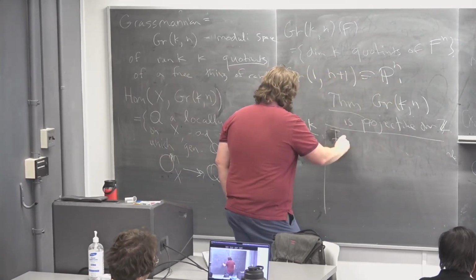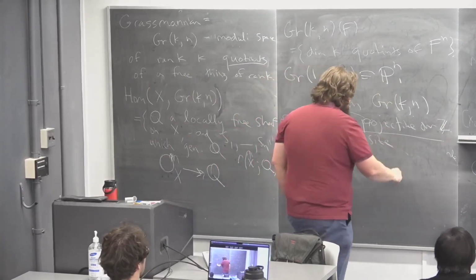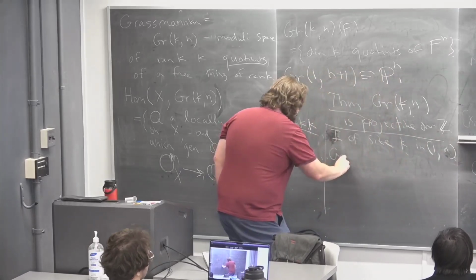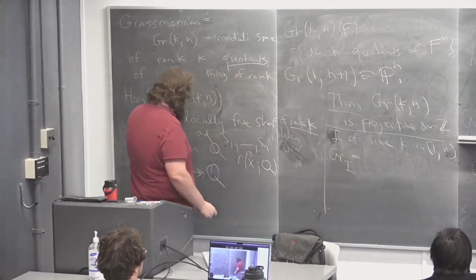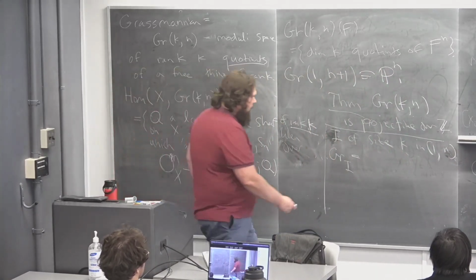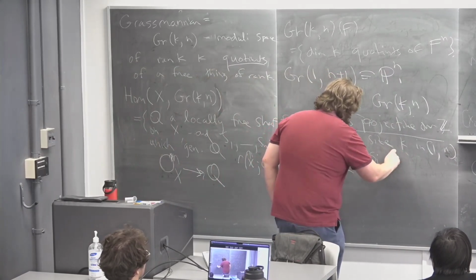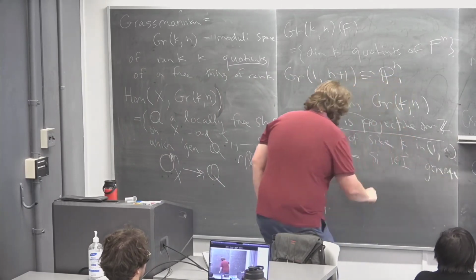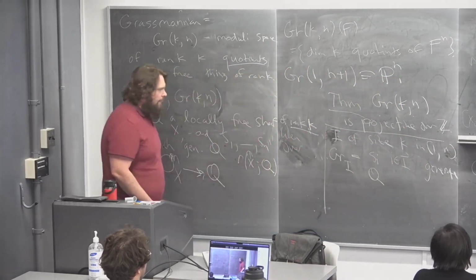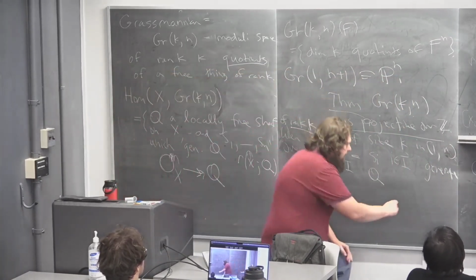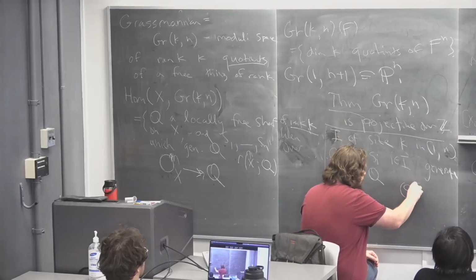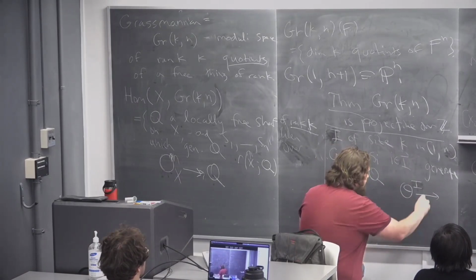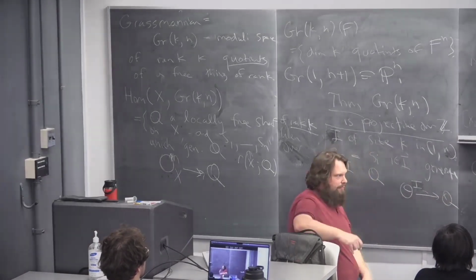So given I of size k in the integers from 1 up to n, let Gr_I be an open subset of the Grassmannian, the open subset where the s_i for i in I generate Q. Because Q is rank k, if I look at the subbundle O_I, the sum where I only use the coordinates in I, mapping to Q, that's an isomorphism.